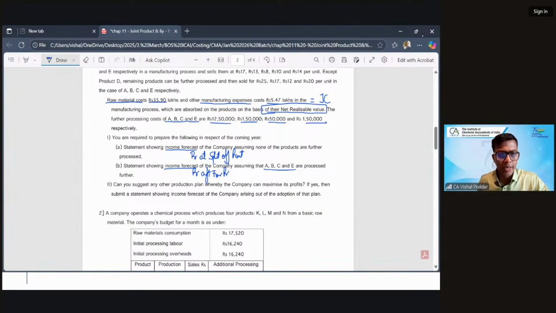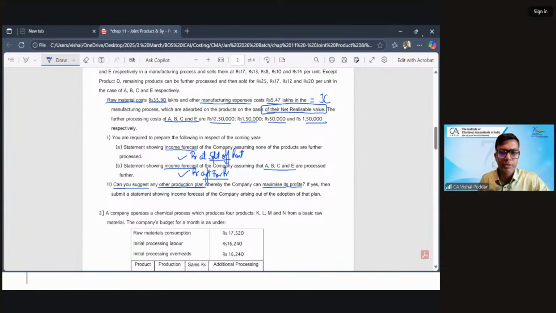What is the question? Can you suggest any other production plan whereby the company will be able to maximize profits? Now, there is no another processing happening. You can sell it immediately at split off or you can sell it after further process. Then what is this, any other production plan? Any other production plan means, instead of all products being sold at split off or all products being sold at further process, can we mix and match?